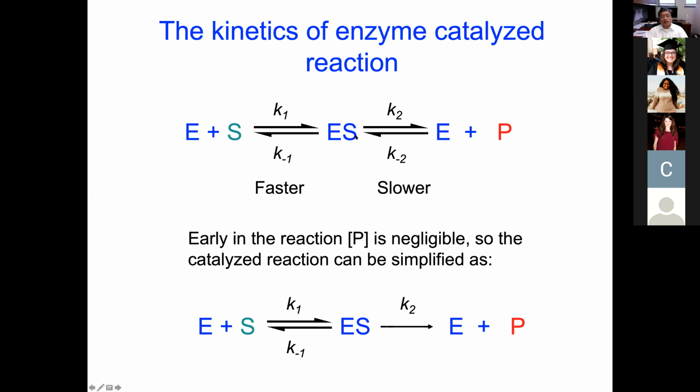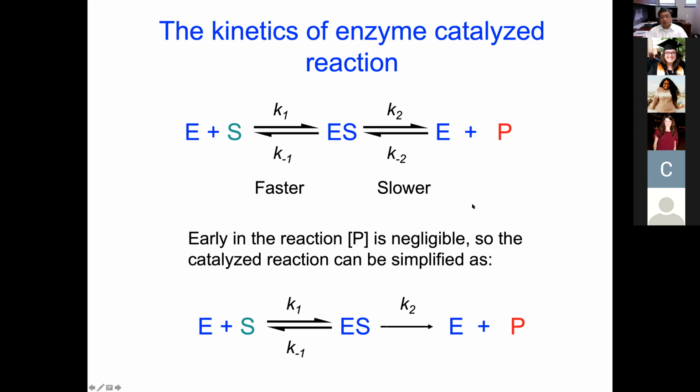This ES complex can either dissociate back to the starting point to form enzyme and substrate, or it can react with the active site of the enzyme to form the product. Generally, this binding process is pretty fast, but the formation of the product is a slower step of the reaction.